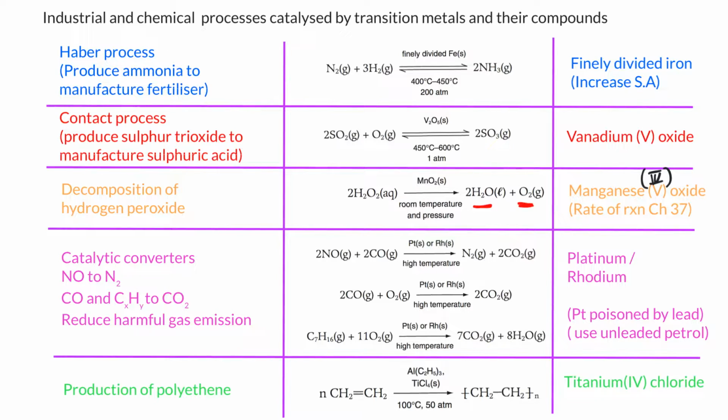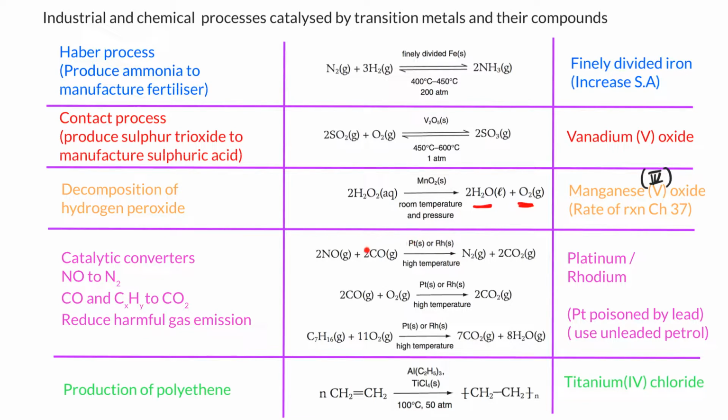In organic chemistry in book 2, we learned about catalytic converters. We convert toxic gases like nitrogen monoxide and carbon monoxide into N2 and CO2. In the process, we try to reduce the harmful gases emitted from the car.